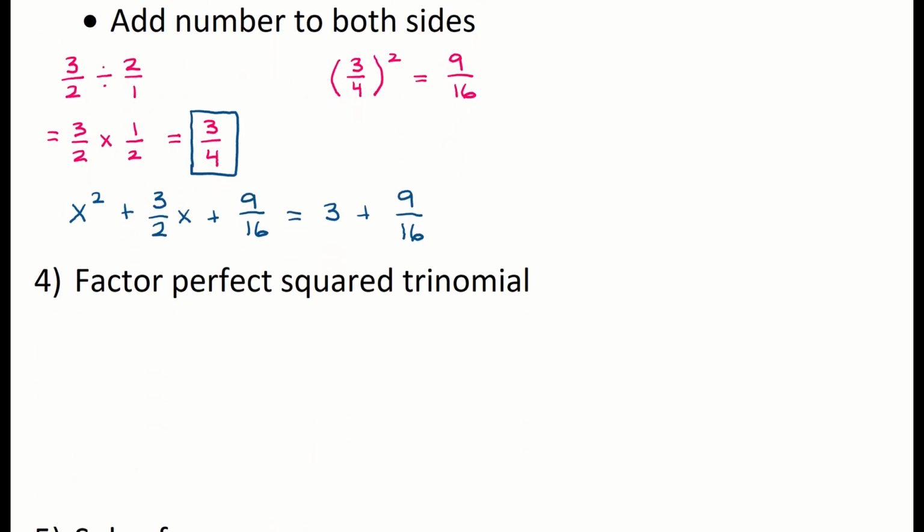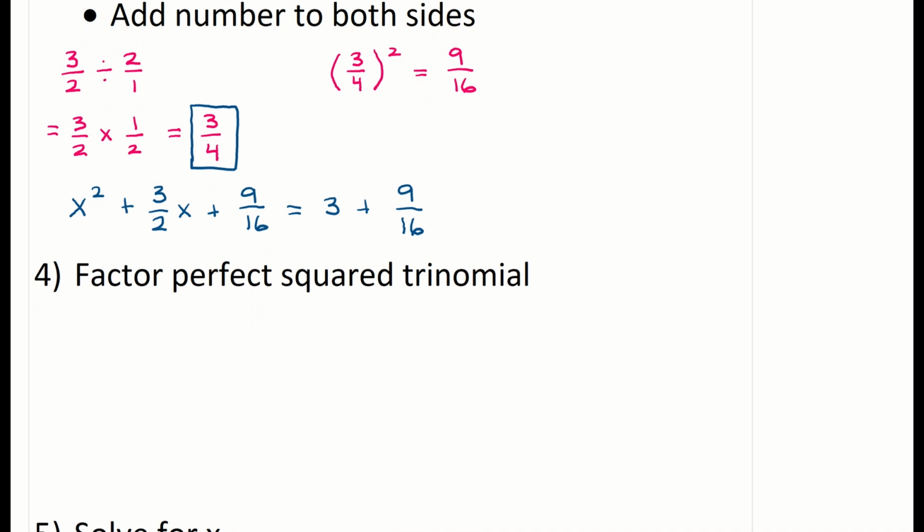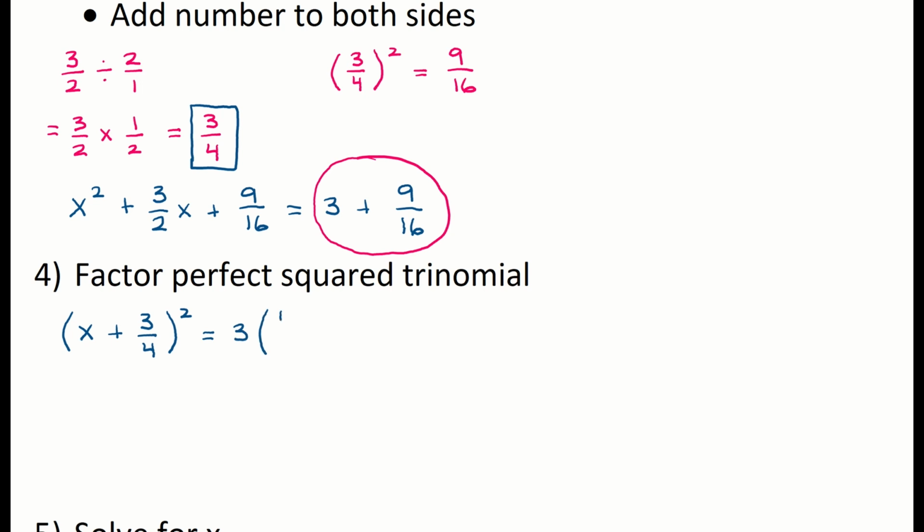Then I'm going to go ahead and factor the perfect square trinomial, and that just turns into x plus the number in the box, which is 3 over 4, squared. And in terms of adding my last two numbers over here, I need to get a common denominator. So I'm going to take the 3 and multiply it by 16 over 16.